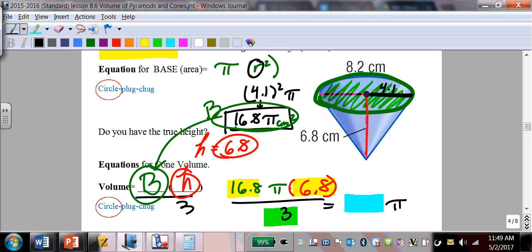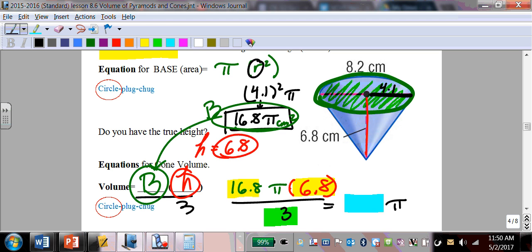Multiply the yellows, divide by the green. I'm glad you're estimating. It's good to estimate before you plunk stuff in your calculator. Got it already, buddy?